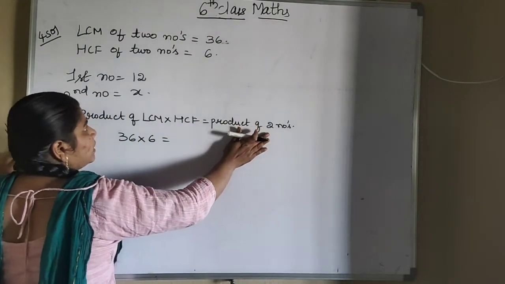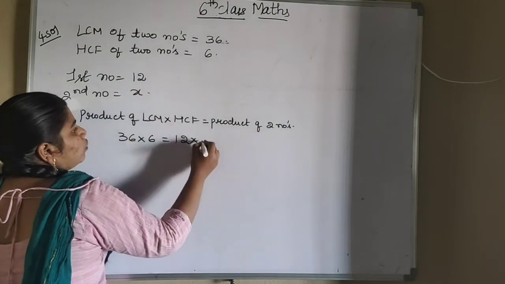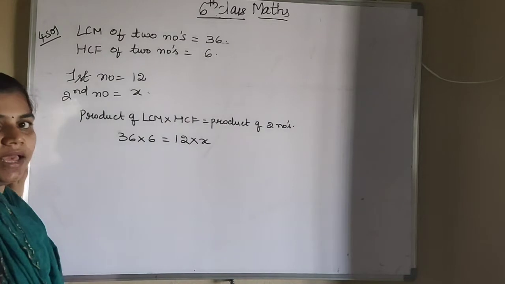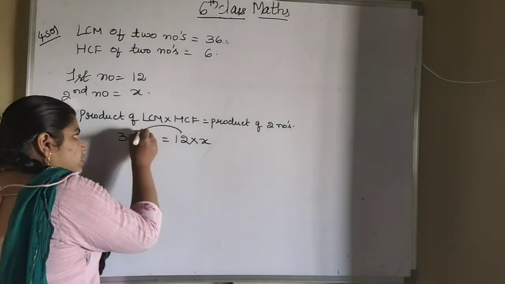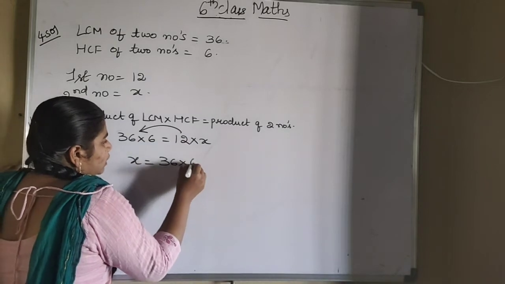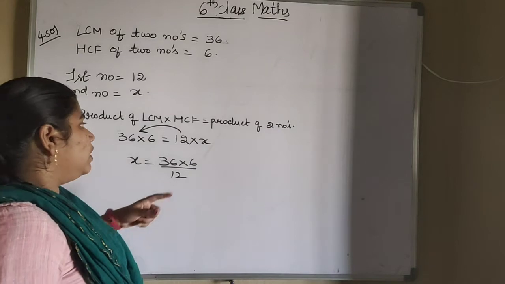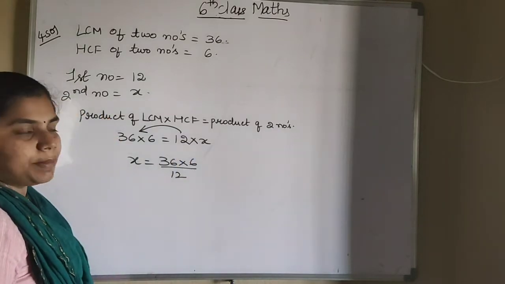Of these two numbers we have only one number, and the second number we don't know, that's why we are taking it as X. Now transpose this 12 to the other side. So X is equal to 36 into 6 by 12. It has been converted into division because it was in the form of multiplication.